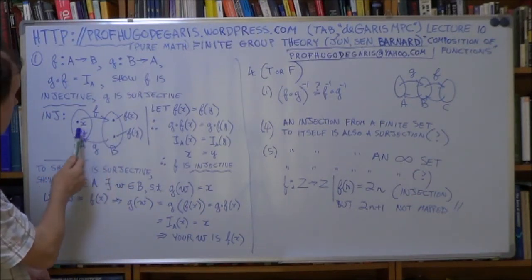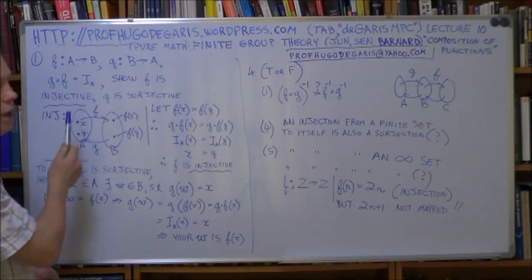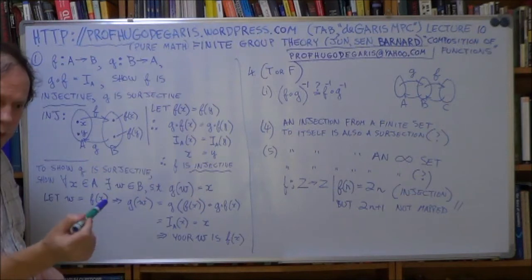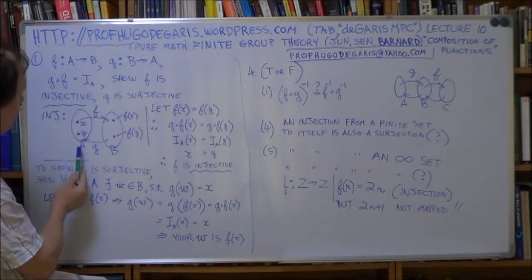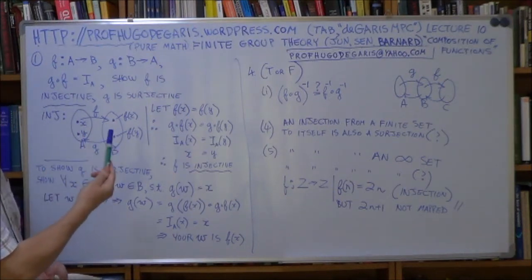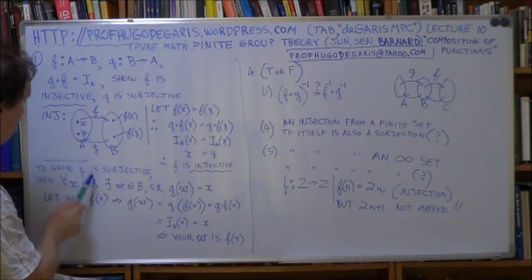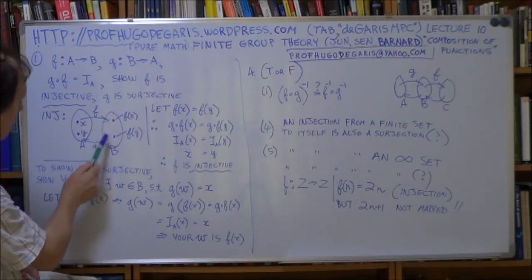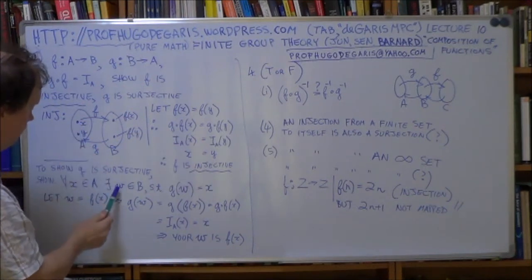Remember surjective? Every element in your codomain has to be mapped to. There has to be an arrow coming to that element in your codomain's Venn diagram, right? So for every element here, there has to be some element in your domain that maps to it.